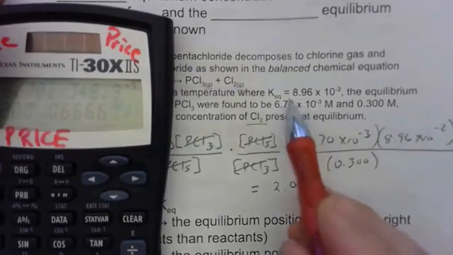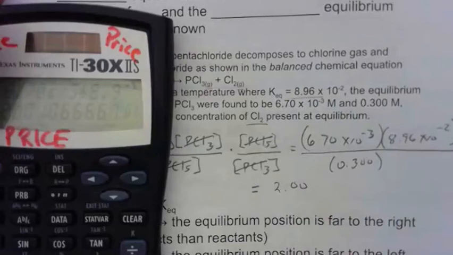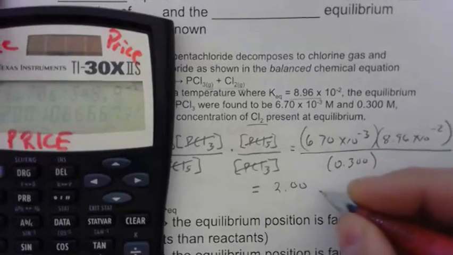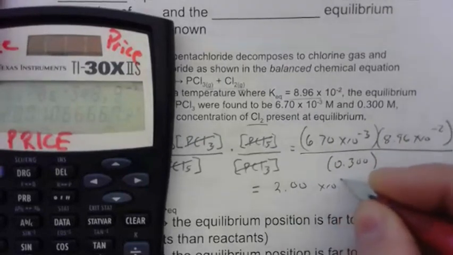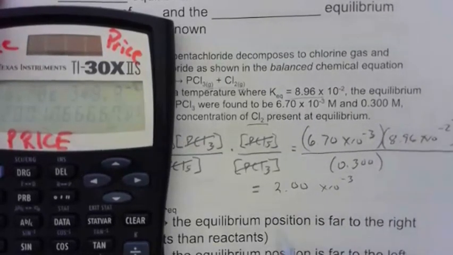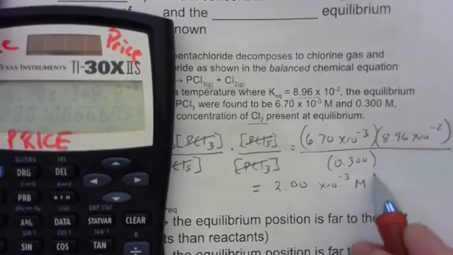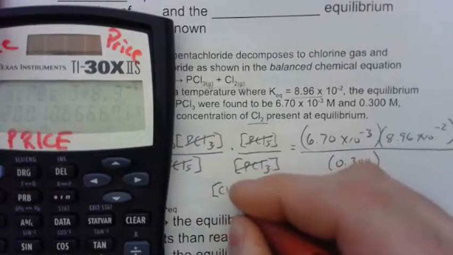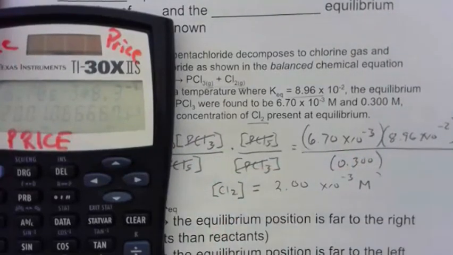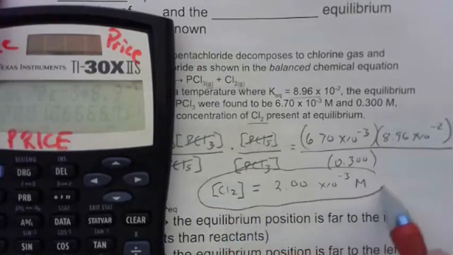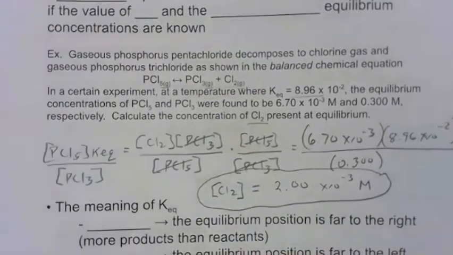Though technically, since KEQ is a constant, you don't really look at that. And it's simply 2.00 times 10 to the negative 3. Since it's a concentration, it is molar. So I would say the concentration of Cl2 is equal to 2 times 10 to the negative 3. Circle that, and now I'm done.